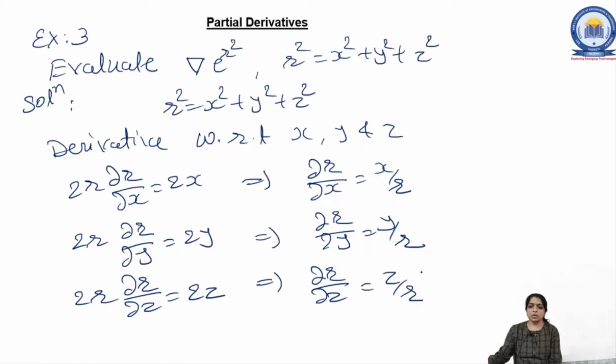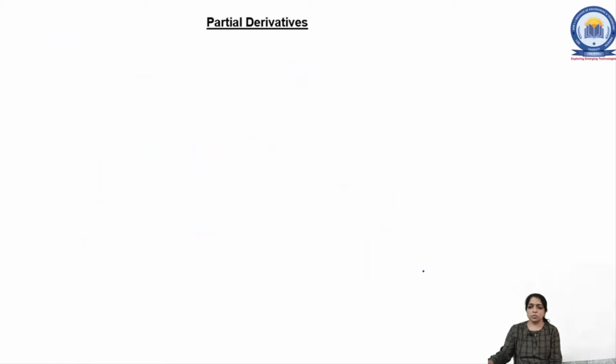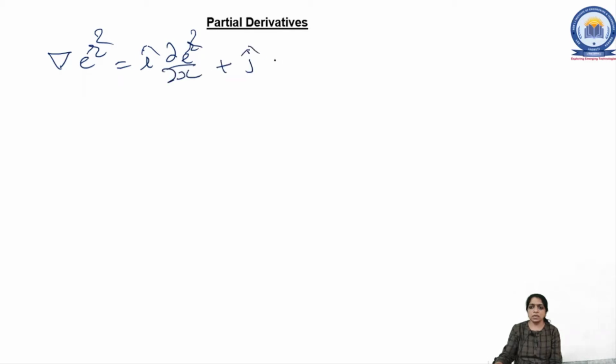Okay. Now, as per the formula, the gradient of e raised to r squared is i del e raised to r squared upon del x, plus j del e raised to r squared upon del y, plus k del e raised to r squared upon del z.